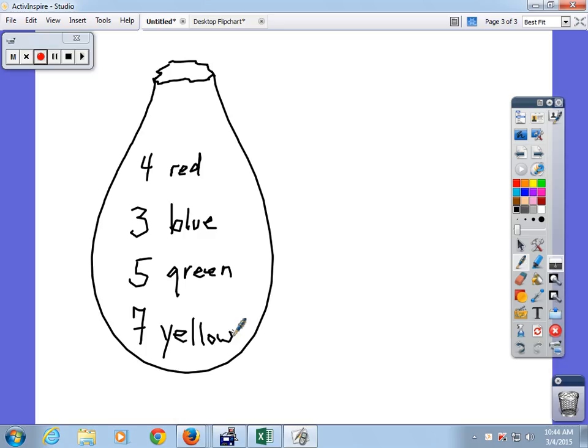Alright. Now, if you want to know what is the probability of picking 3 red marbles, well, there's two ways to do it.